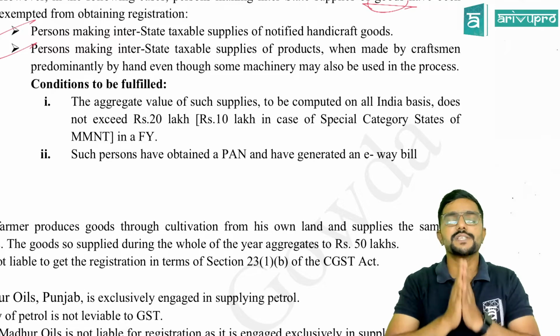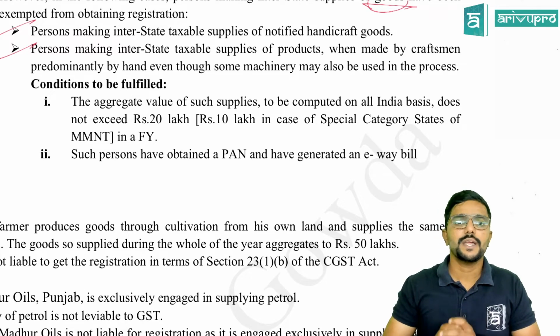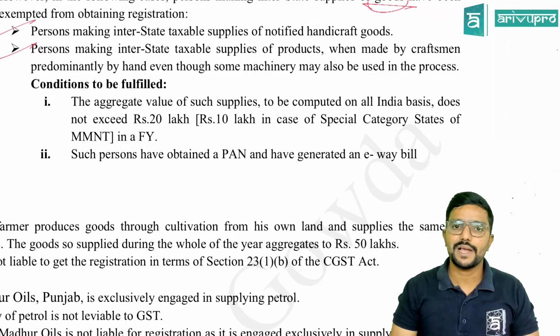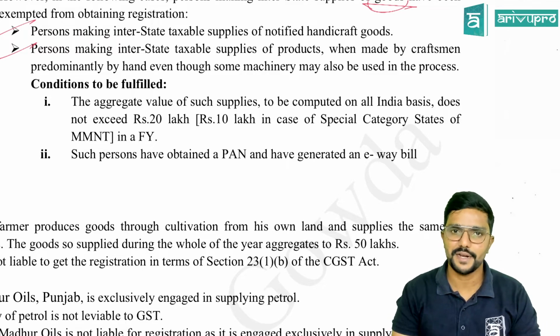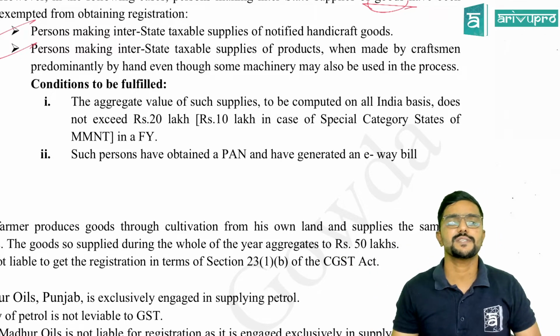Simple. Section 24 is telling in case of interstate supply, registration is mandatory. They are not specifying goods or services. In case of interstate supply, registration is mandatory.